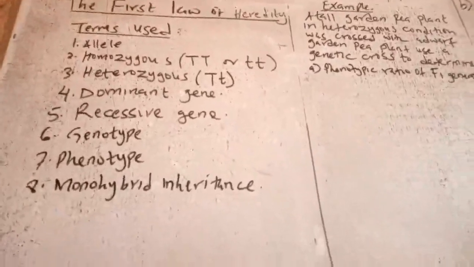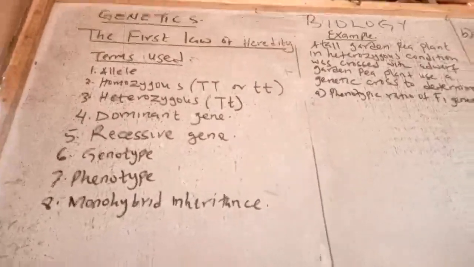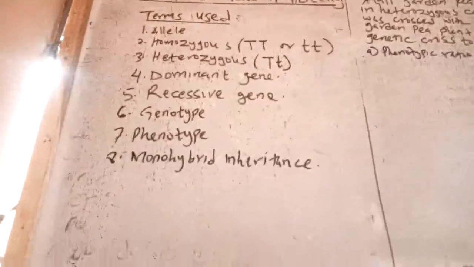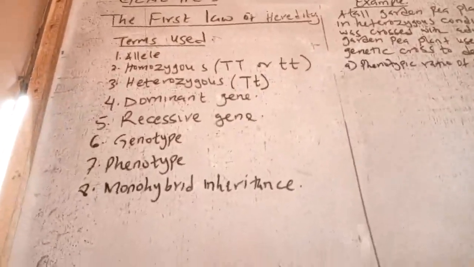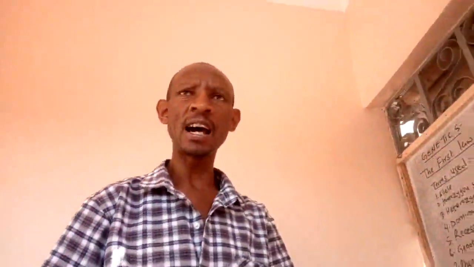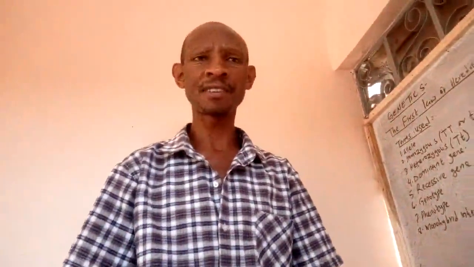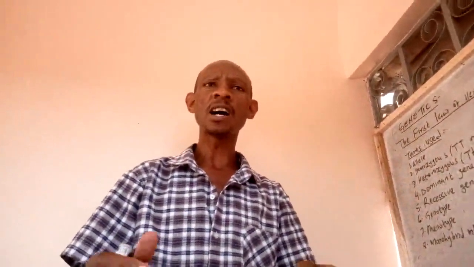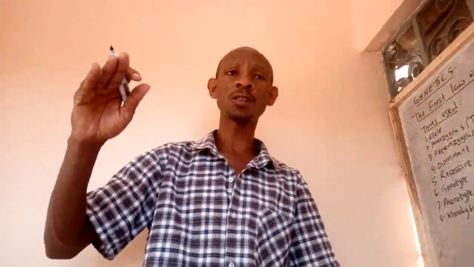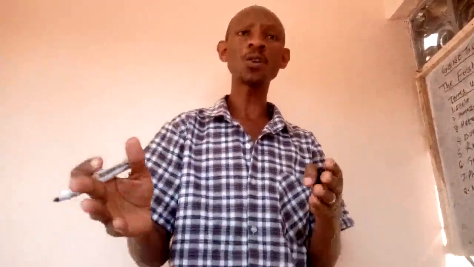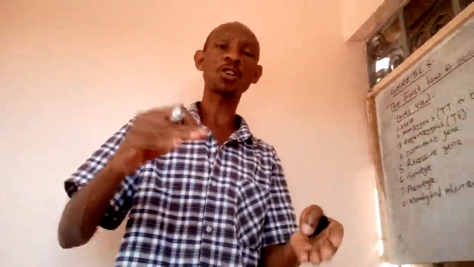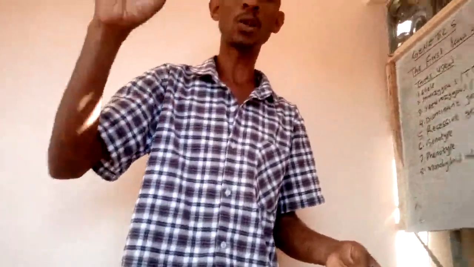And therefore, once again, if you are asked what is monohybrid inheritance, you are supposed to say that this is the type of inheritance which involves the transmission of just one pair of contrasting characteristics. For example, the characteristic of height. We can have tall individuals, and the contrast of a tall individual is a dwarf individual.